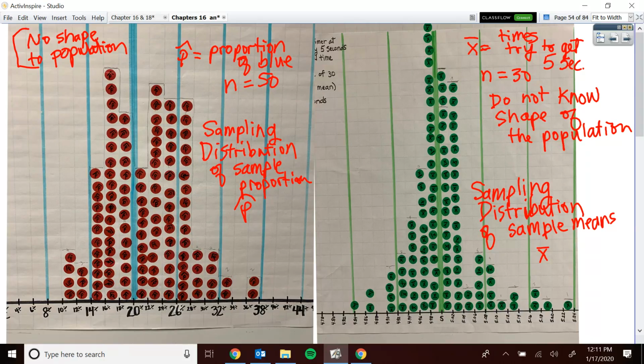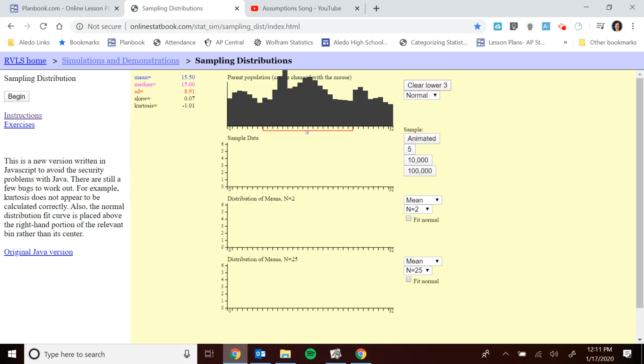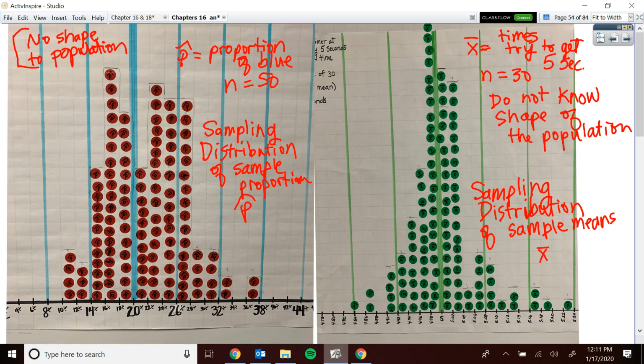Okay, so that's the big deal about sampling distributions. Either we don't have a population to shape, or we don't have a clue what the shape is, or we do know it and it's something that's messed up and I can't compute with it. Therefore, we have our sampling distributions.